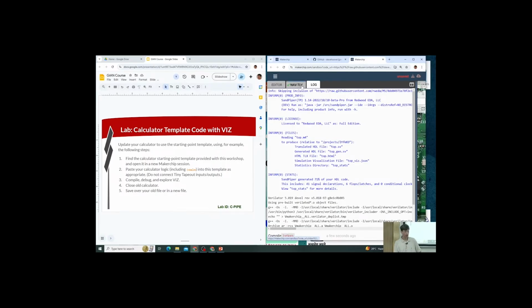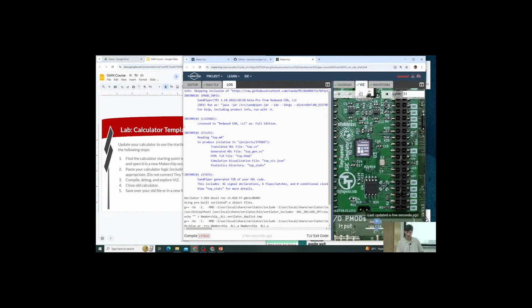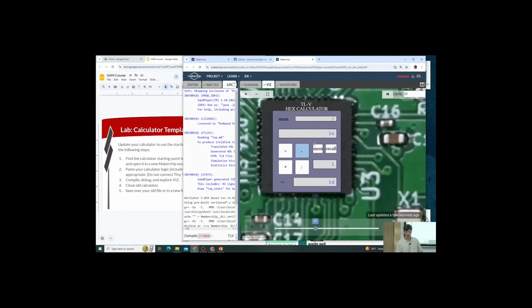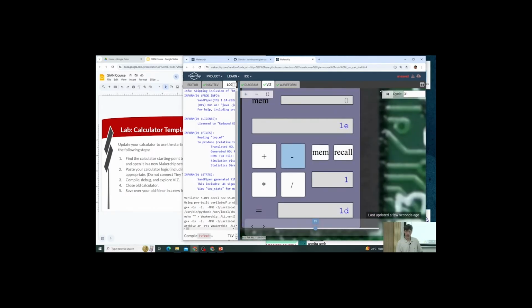So as long as you build and your log is clean, I guess this says explore viz. Nothing is actually hooked up, so I don't. Well, okay. I think the visualization is driven off of your internal signals. So I think we can see that the calculator is operating.